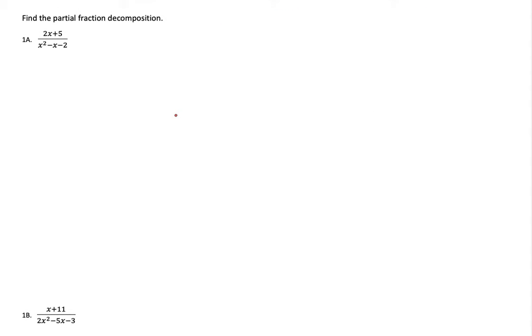So the first thing is to factor the denominator. So you know what your denominators are going to be under your a and your b. When I factor this, I get x minus 2, x plus 1, x minus 2, x plus 1.